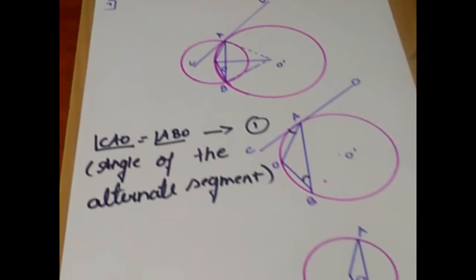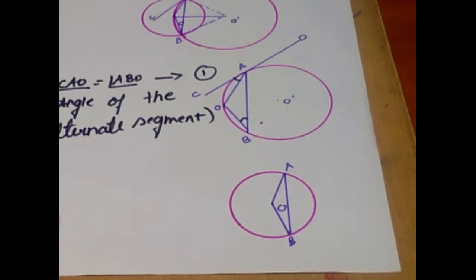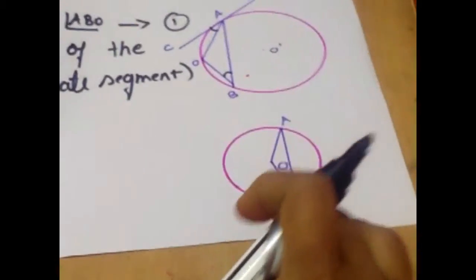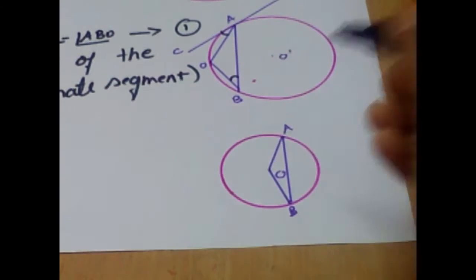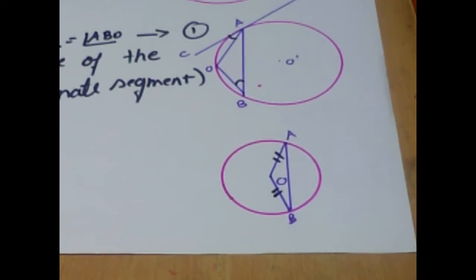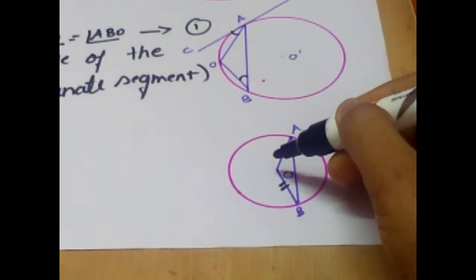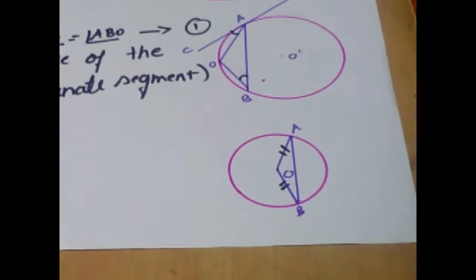Now move on to the second part of the circle, children, where you can find the small circle with center O. In the small circle with center O, OA is equal to OB because they are radii of the circle with center O. Hence, I can say that angle OAB is equal to angle ABO.